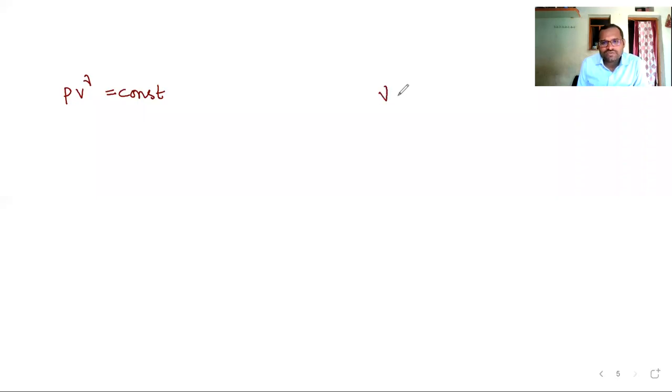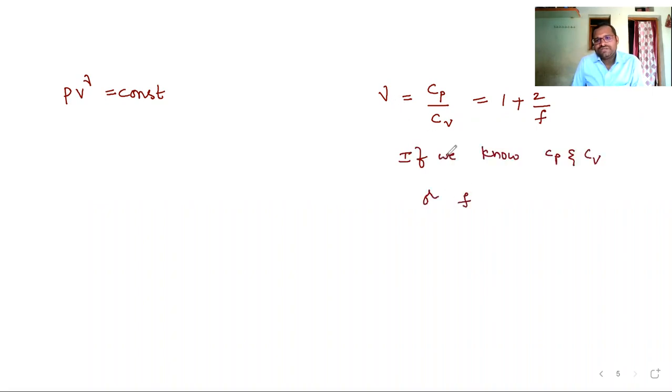This gamma value is what, sir? This gamma is nothing but Cp by Cv. In previous class, we have derived this one. Gamma means Cp by Cv. And it can be written as 1 plus 2 by F. Means if we know F only, we can find gamma.